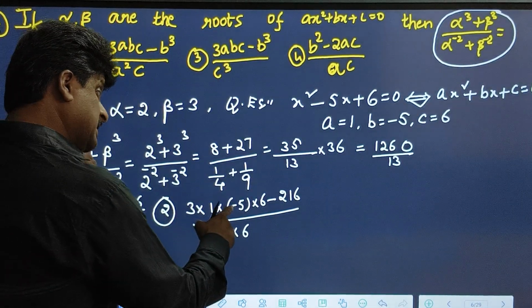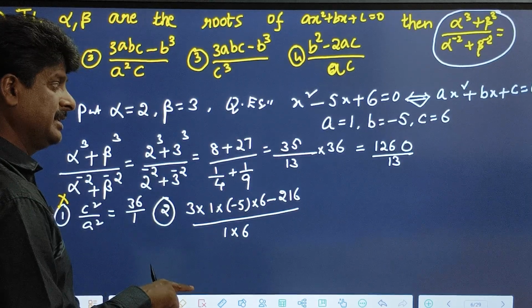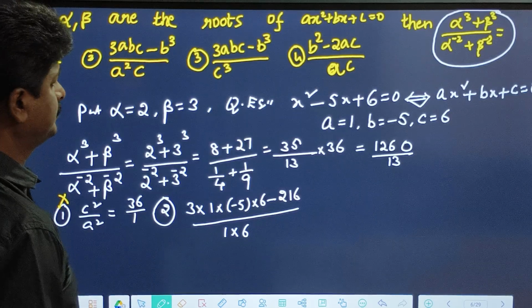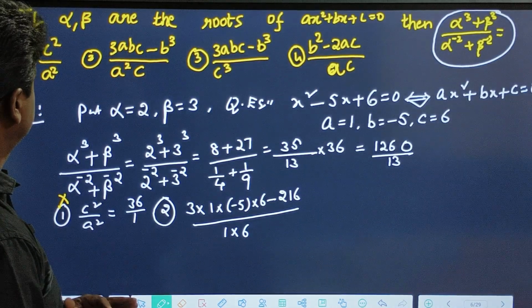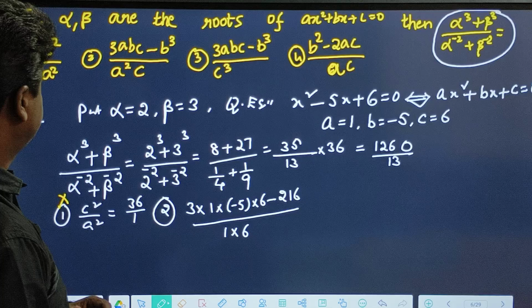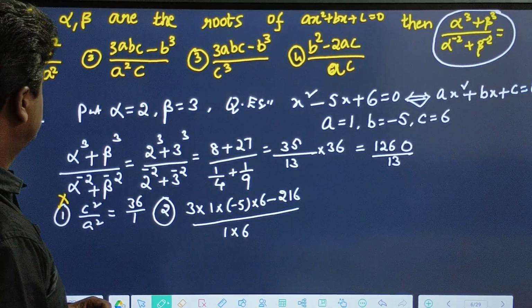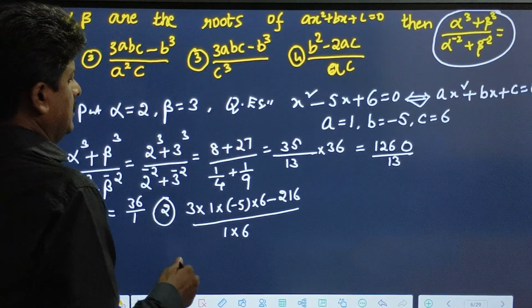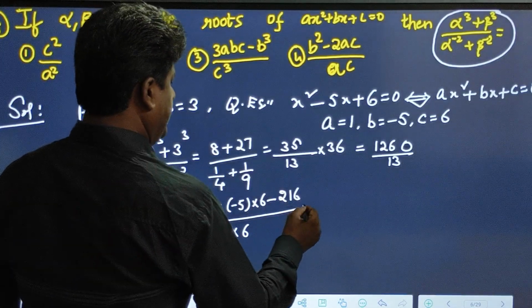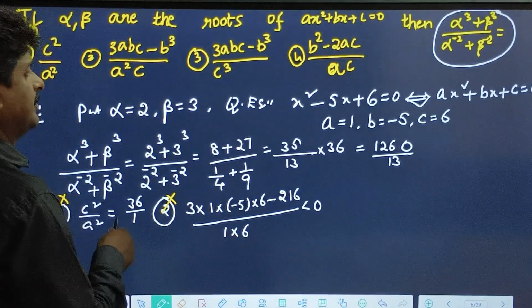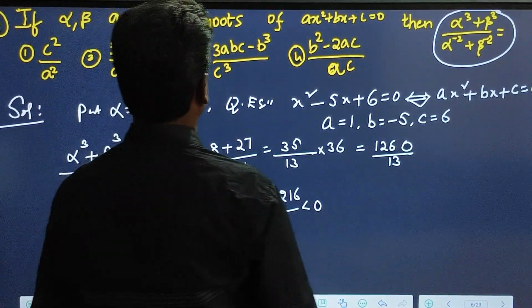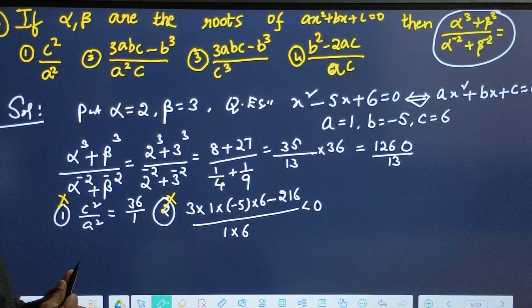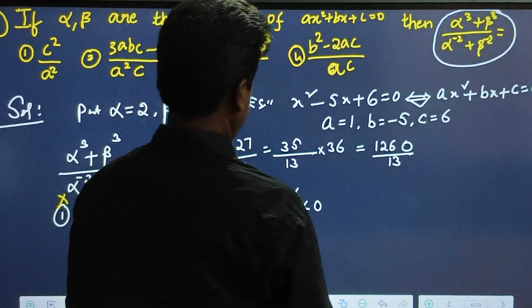This is minus 15 into 6, minus 90, minus 90 minus 216. See, we get negative. This is not our answer. Next, 3abc, sorry, denominator a square c. Next, 3abc minus b cube by c cube.